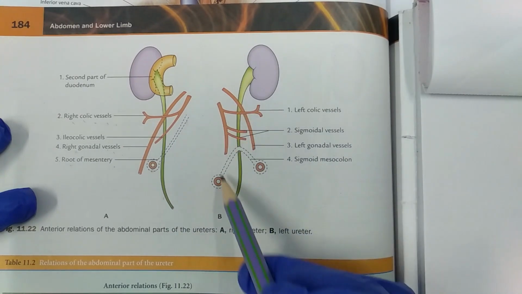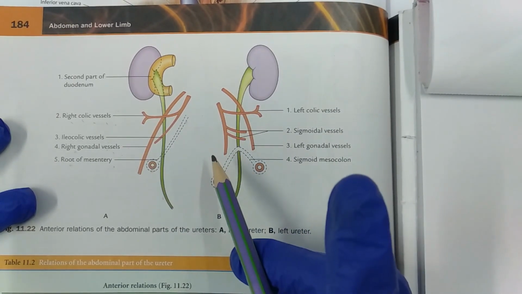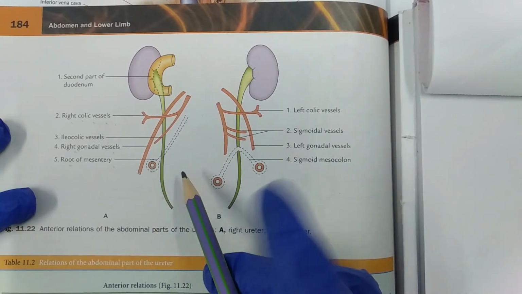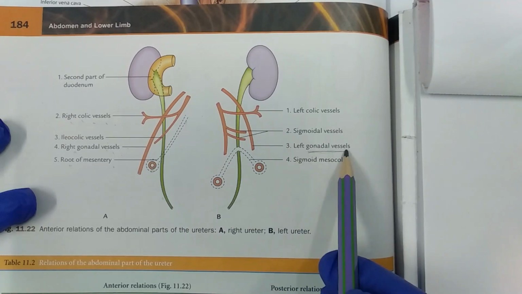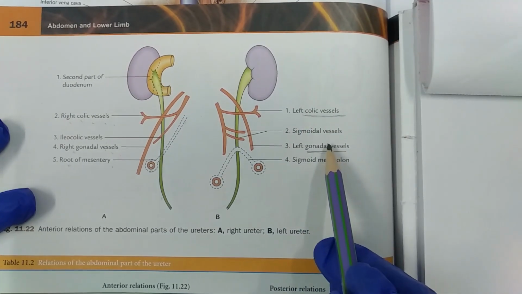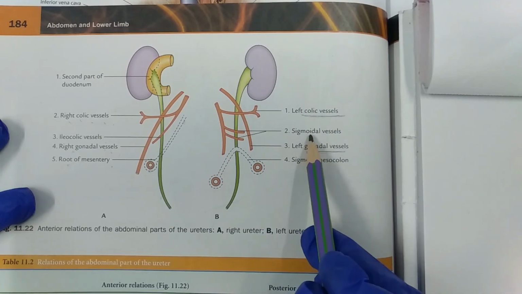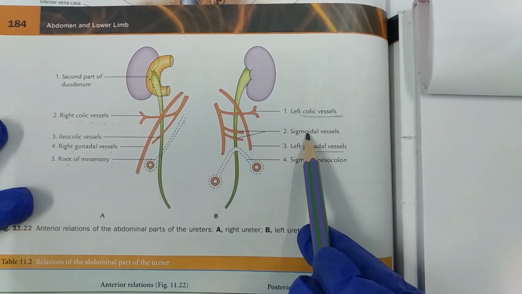Now come to the second, that is the left ureter. The common one is the parietal peritoneum. Second are the left gonadal vessels, left colic vessels, and sigmoidal branches of the inferior mesenteric vessels.